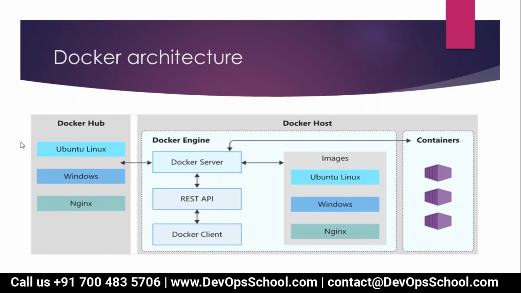So basically Docker is a container, and a container is an isolated environment. So these are the Docker server, which is interrelated with REST API, and then the Docker client. Any operating system you can use to install Docker.